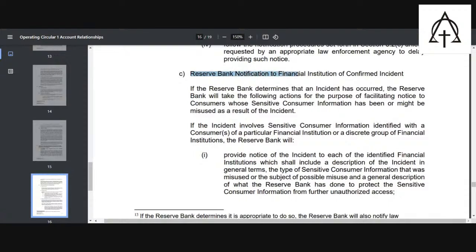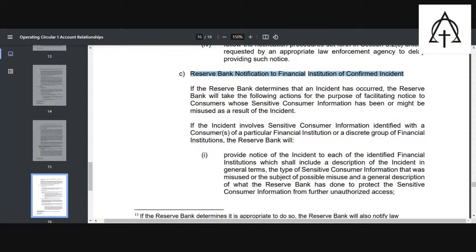Reserve Bank notification to financial institution of confirmed incident. If the Reserve Bank determines that an incident has occurred, the Reserve Bank will take the following actions for the purpose of facilitating notice to consumers whose sensitive consumer information has been or might be misused as a result of the incident.